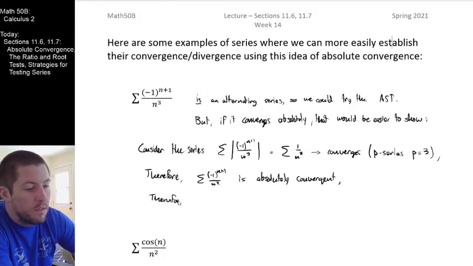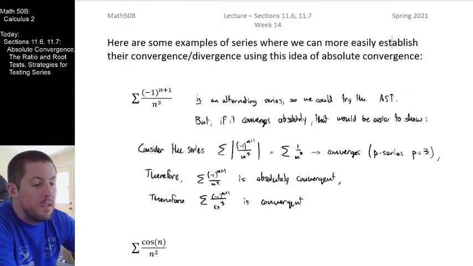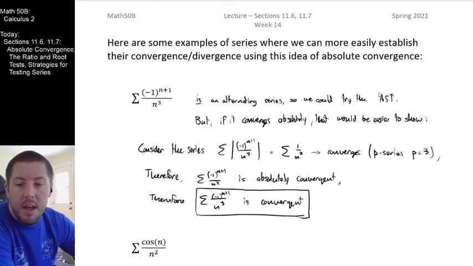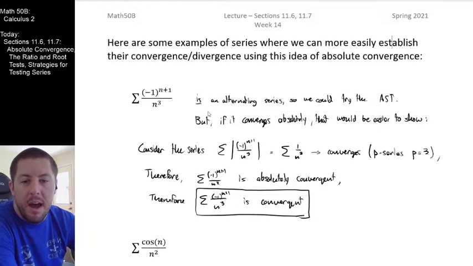Therefore, the series negative 1 to the n plus 1 over n cubed is convergent. Right. So notice here, I'm certain that we could have shown this by the alternating series test, that the alternating series test would have worked right here for sure. That just requires me to do two checks that might end up requiring math.